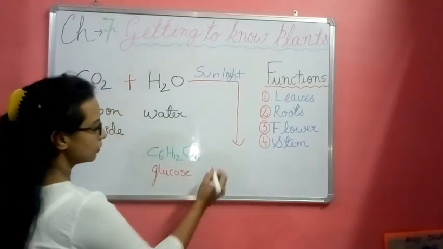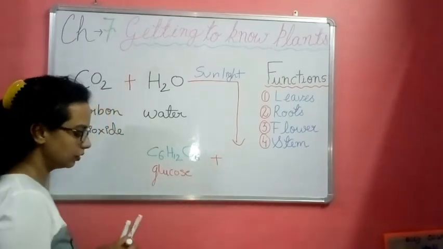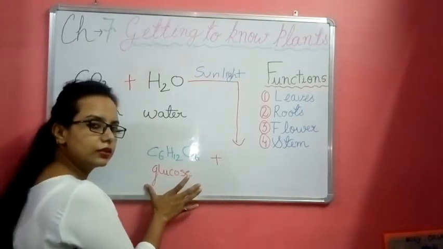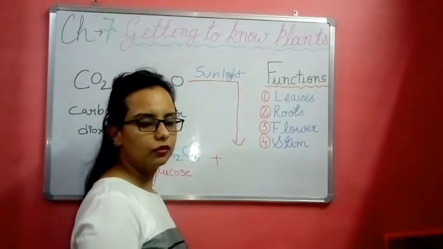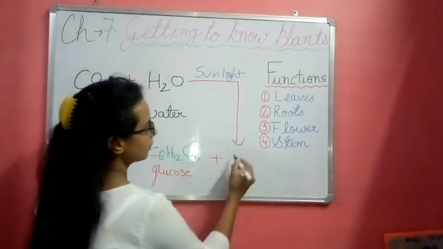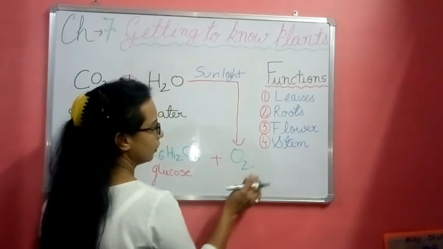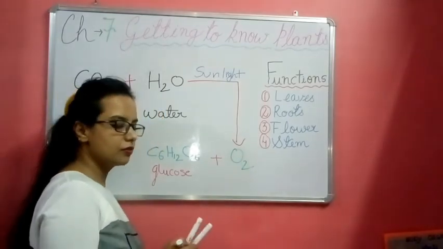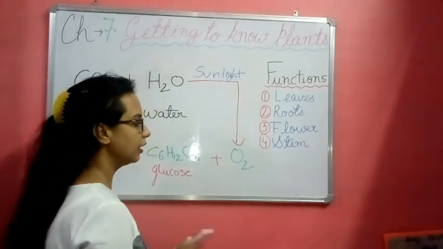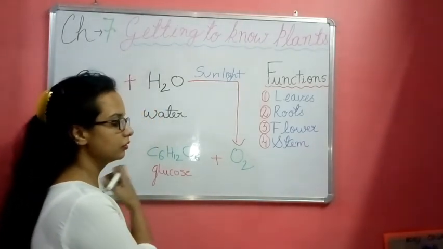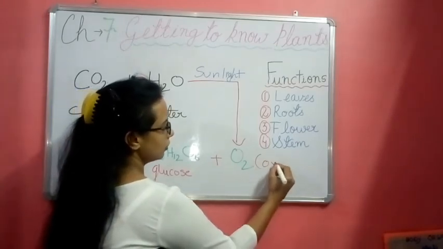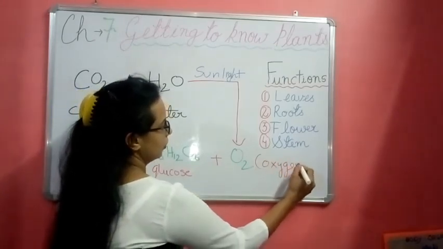This is glucose, which is used as food by the plants. And the next one is oxygen. We consume oxygen for respiration, for breathing.